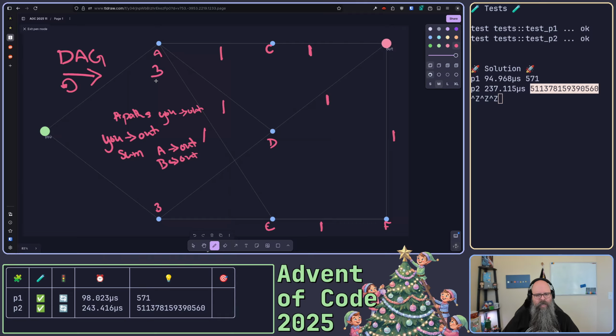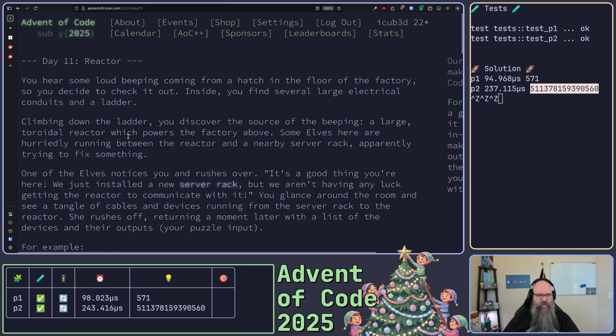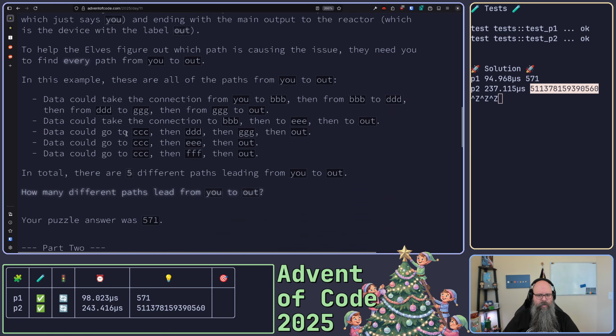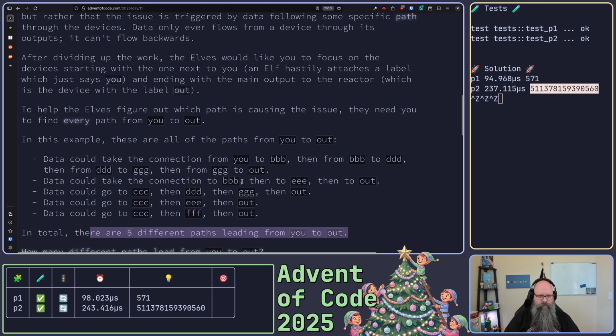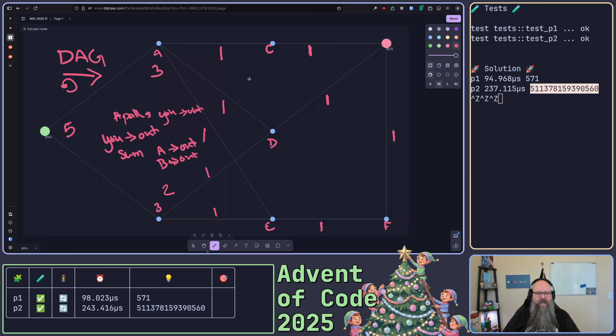Am I doing this right? Here. And then there's one path here as well, right? And then there's one path here. So we know there's 2 paths here. So how many paths from A to B? There's 5 paths. Did I do that right? Let's check. Yep, there are 5 different paths. There you go. So, woo!